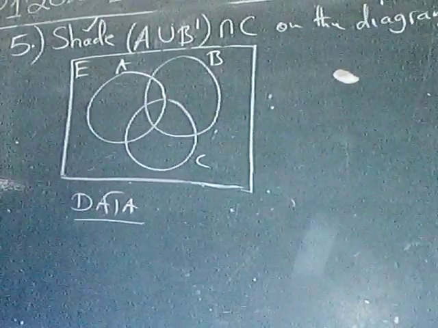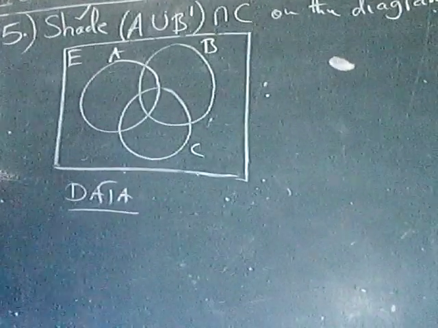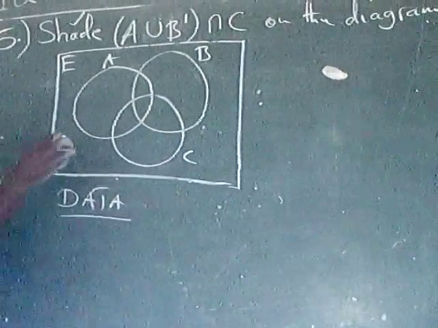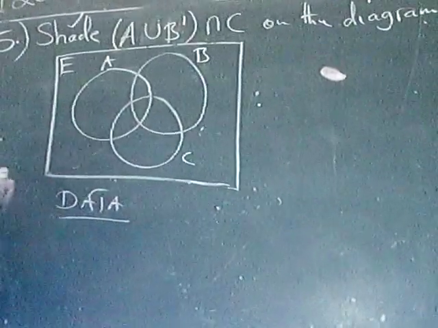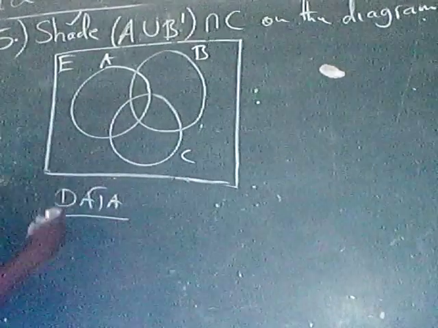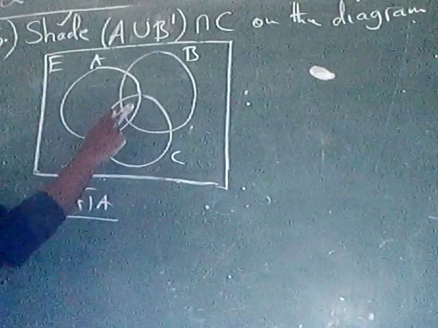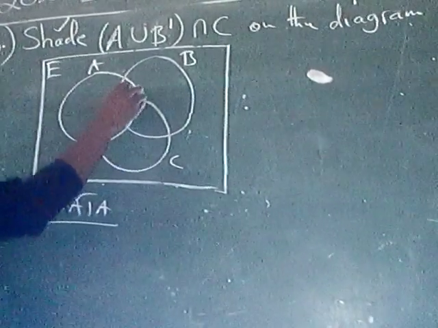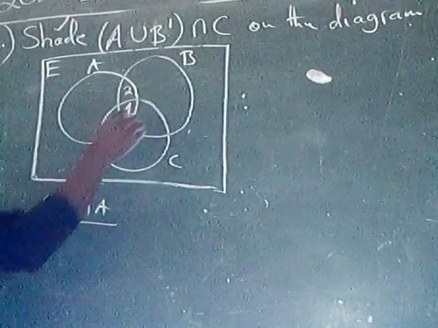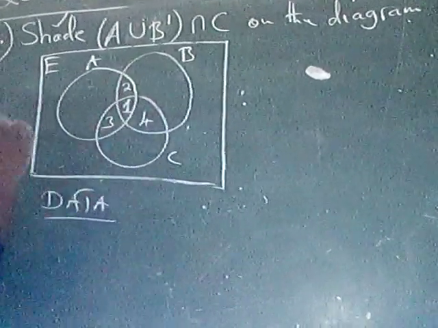We're going to write numbers as part and parcel of your working. So in each region, we'll put a number. You choose whichever number that you choose. So you can say, okay, the intersection part of all three sets you can put as 1. Here you can put a 2. You can put a 3. Just one number in each region.